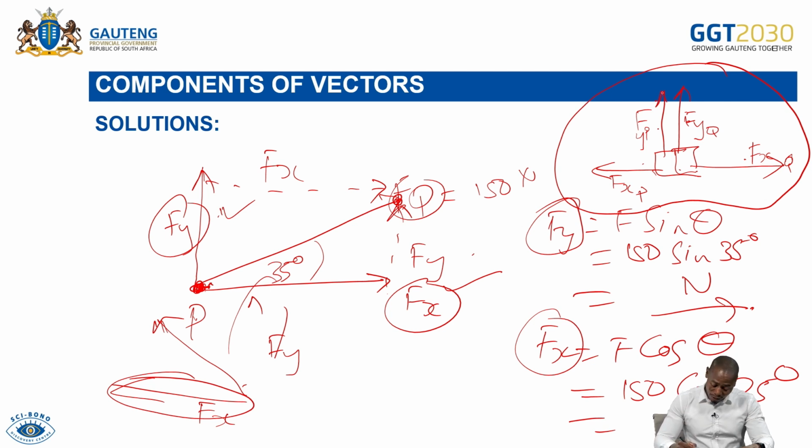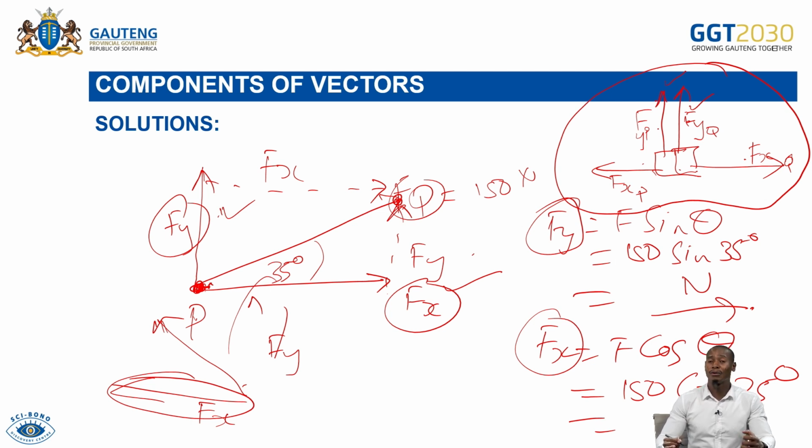Then already you have calculated the magnitude of these. Remember, you want the resultant for those 2 forces, your P and Q. First thing, because the forces are applied at an angle, resolve each force into its components.